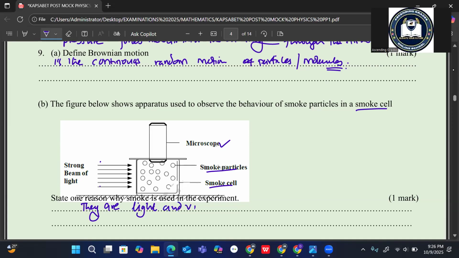Then we can have some other questions. The use of the beam is to illuminate the smoke cell.